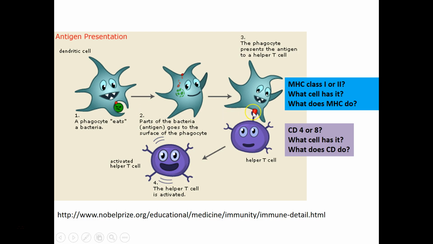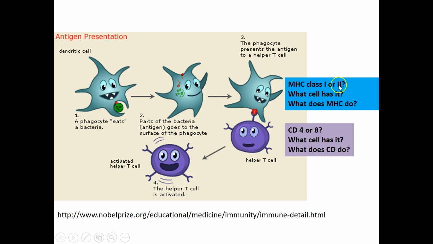But what they're not showing you is which MHC it would be presenting. Well, dendritic cells have both. So we go to our next clue, which is they say this is a helper T cell. So that would be which one, CD4 or CD8? This would be CD4.